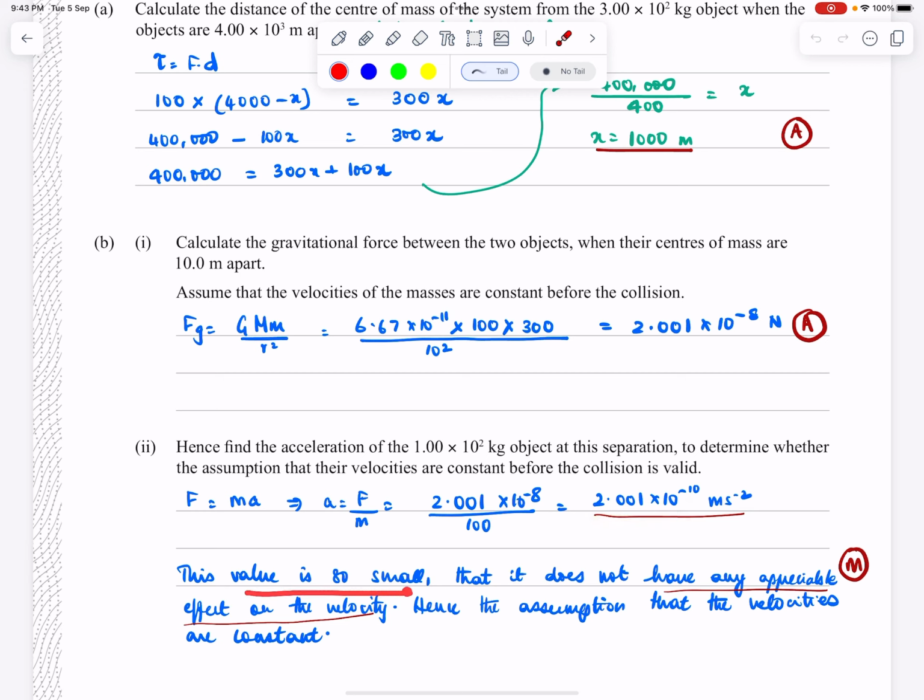Because this value is so small, it does not have any appreciable effect on the velocity. Hence, the assumption that the velocities are constant is correct. If you've calculated this and done this explanation, you get a merit.